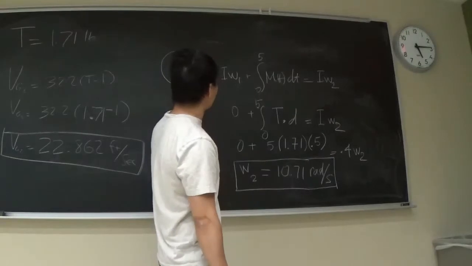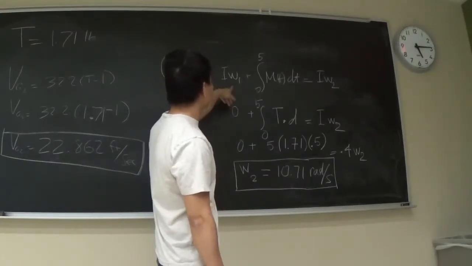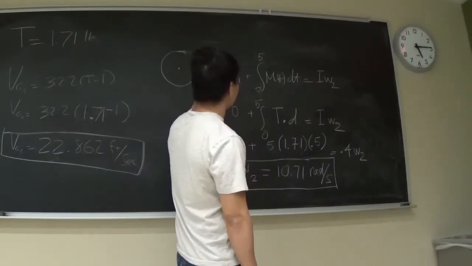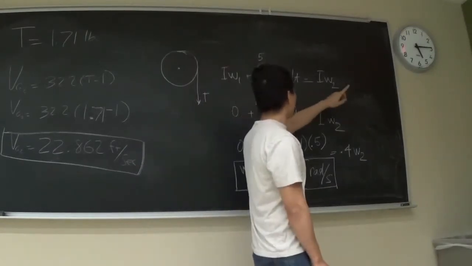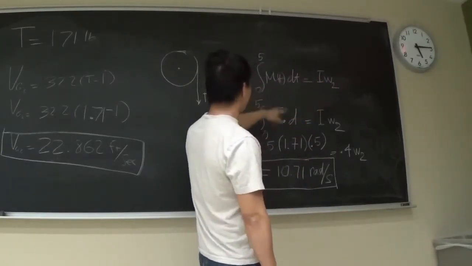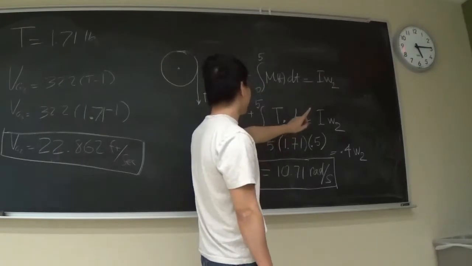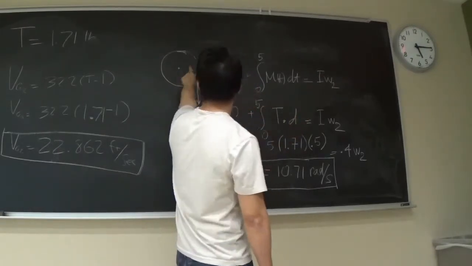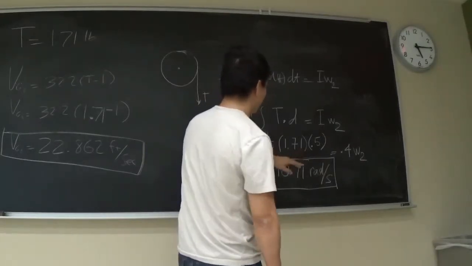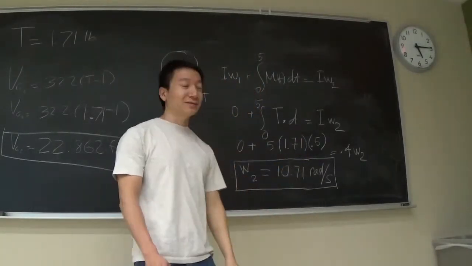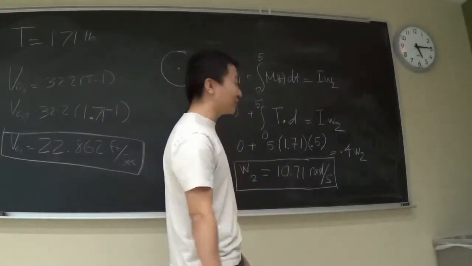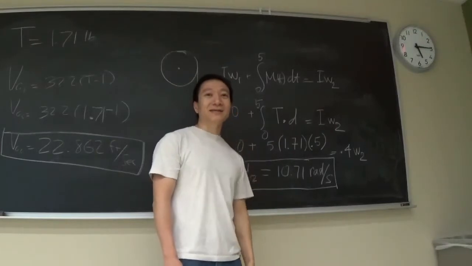We have I, and we already know omega 1 is 0 since it starts at rest, and we have to find omega 2. The momentum equals the tension times the distance, and the distance is the radius of the pulley. Plugging in all the numbers from the previous part, we get omega 2 equals 10.71 radians per second.